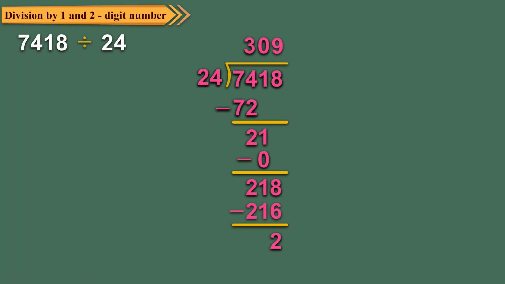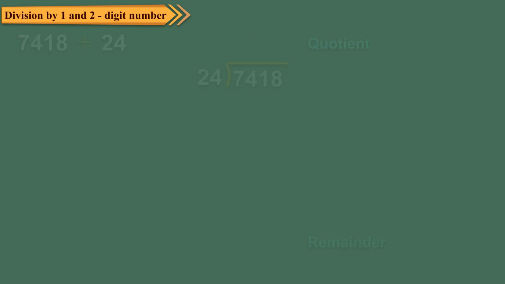So 7,418 divided by 24 gives us 309 as quotient and 2 as the remainder. Whenever we have to divide a number by 10, 100 or 1000, we can find the quotient and the remainder quickly just by looking at the dividend.